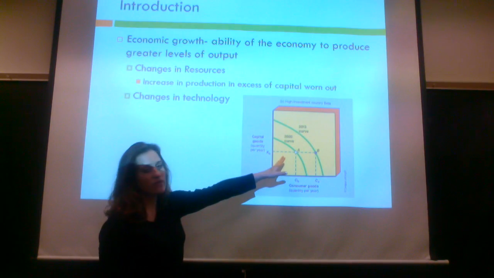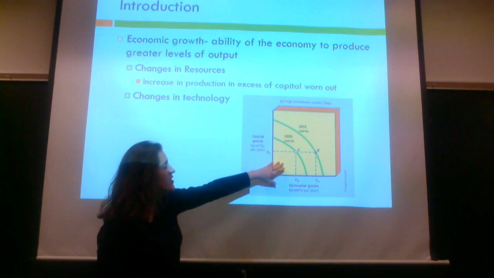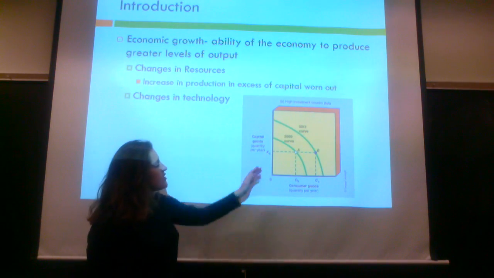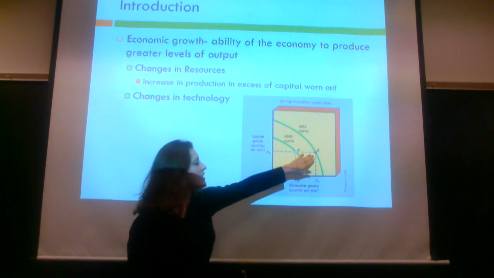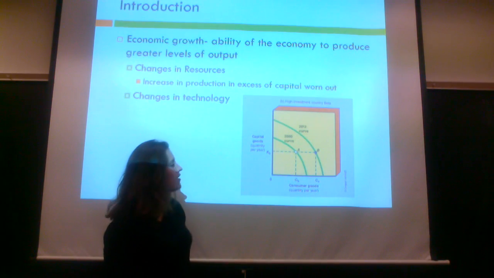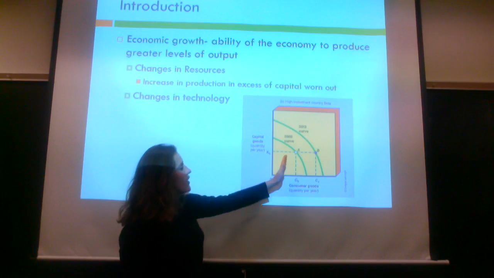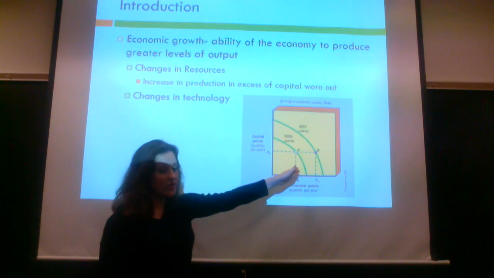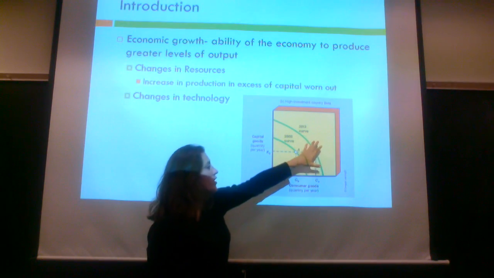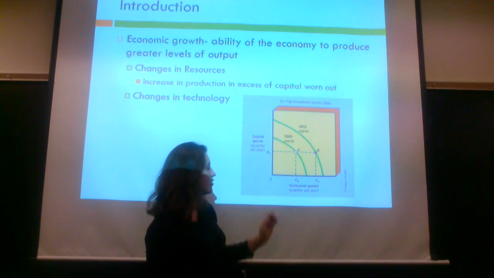To the left of the curve shows all of the attainable outputs, and to the right of the curve are the unattainable outputs. So we see from 2000 to 2013, this curve is shifting to the right, and that's a good thing. When it shifts to the right, it shows that your output is increasing, and the outputs that were unattainable at one point are now attainable.